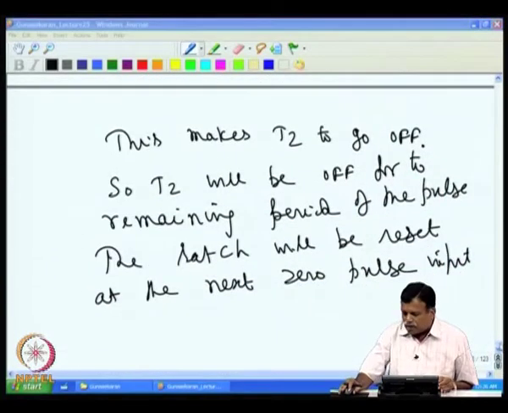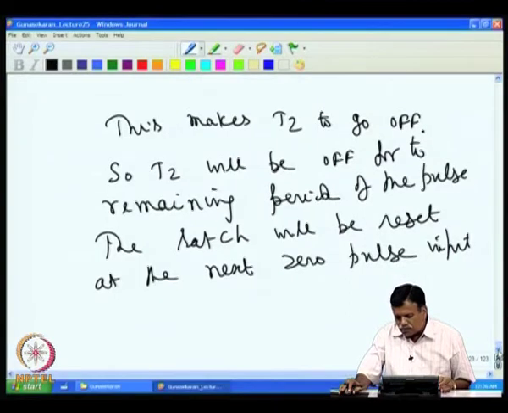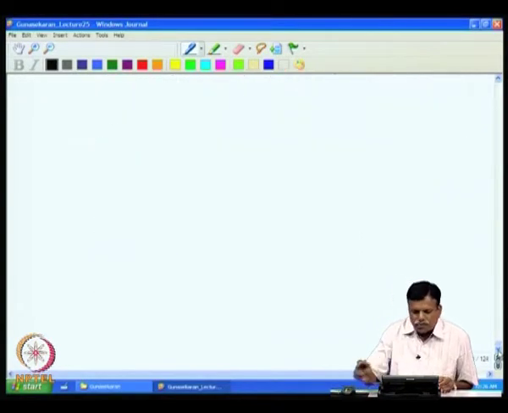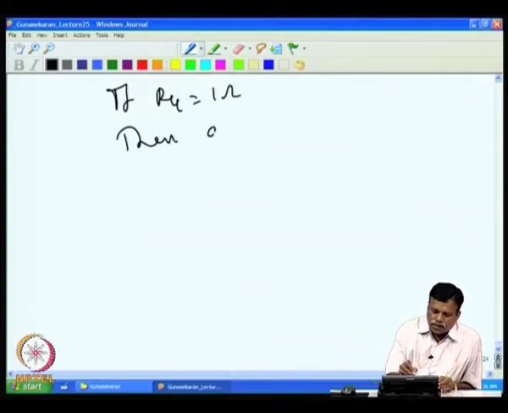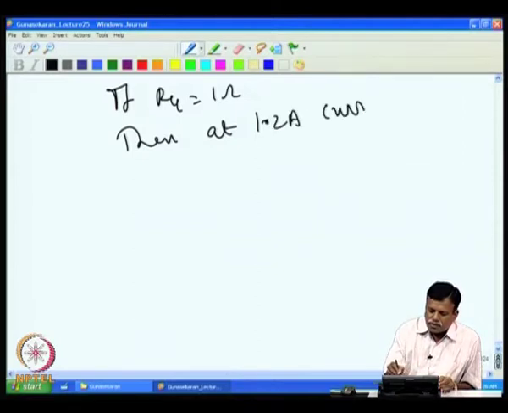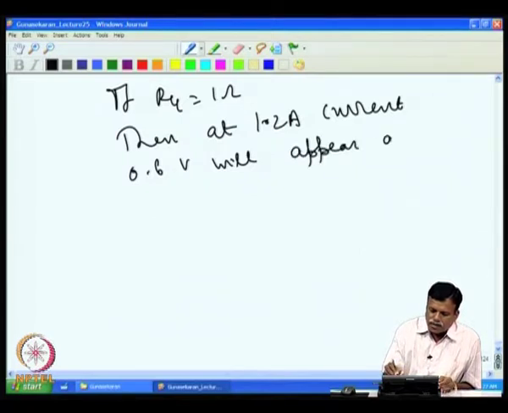So, if R4 is equal to 1 ohm, then at 1.2 ampere current, 0.6 volt will appear at the base of T6.